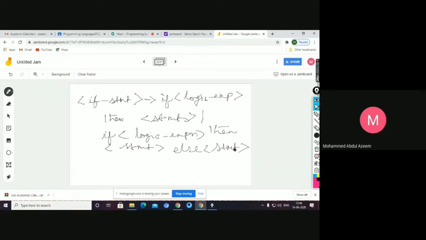So while defining the grammar, we combine, right? If there are multiple definitions for the same statement, you can combine them with the help of this or symbol, right?